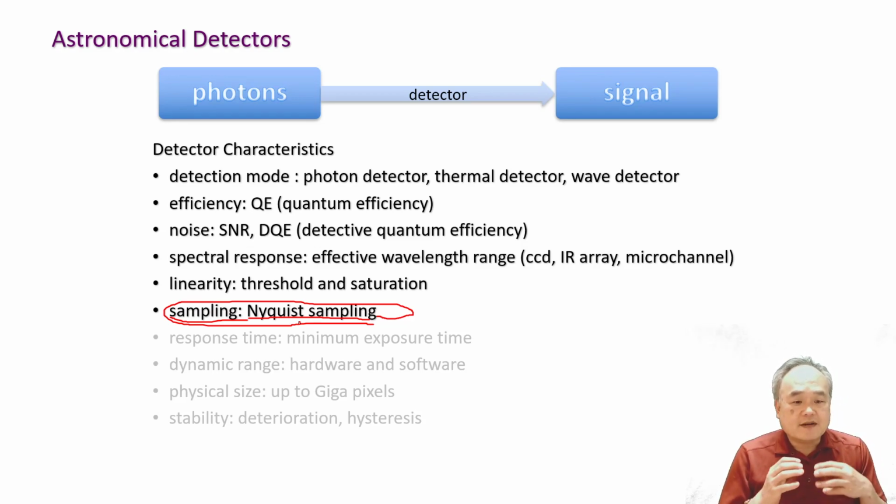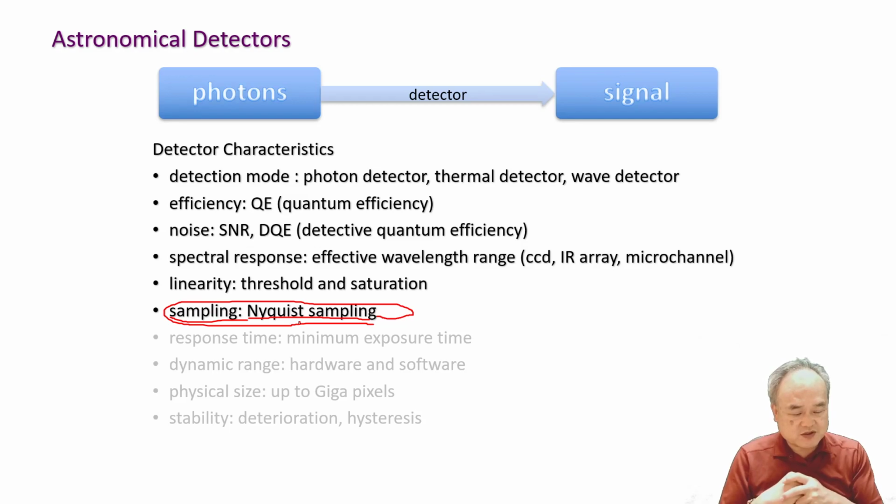So when an instrument designer or builder is trying to develop a particular detector, they need to think about what the spatial scale of the object in the sky is that observers want to detect.